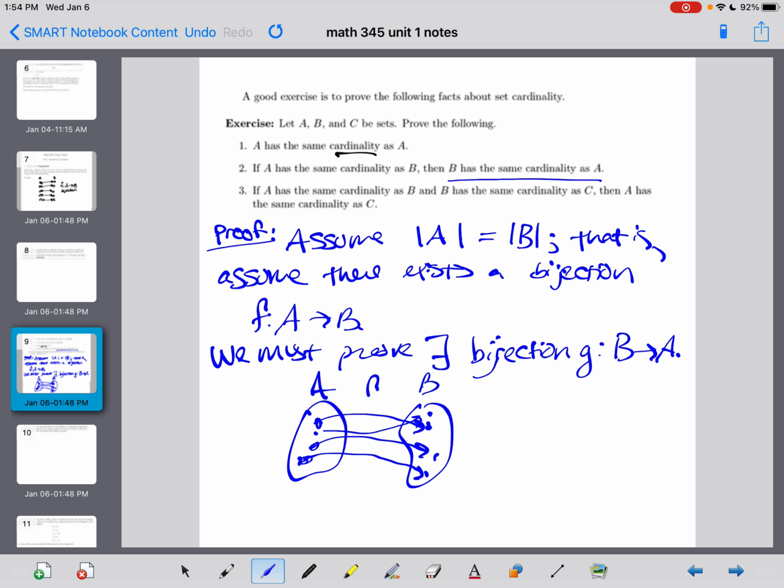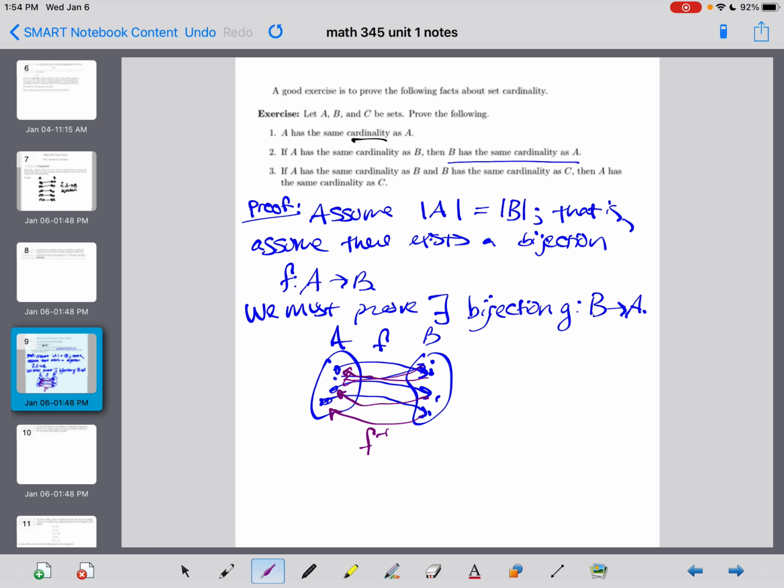Well, one handy fact about bijections is that a bijection is guaranteed to have an inverse function. In fact, since the function is one-to-one and onto, it has an inverse. And so there has to be essentially a backwards map that sends everything in B right back to whatever element of A originally mapped to it. There has to be an inverse function.